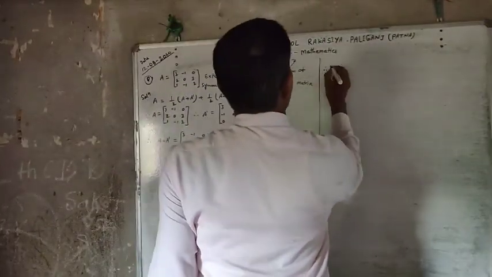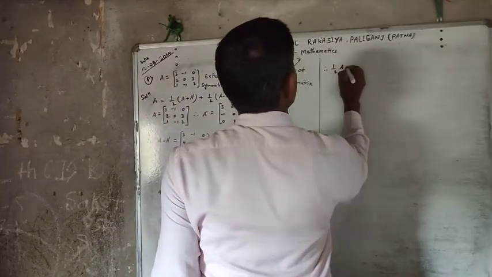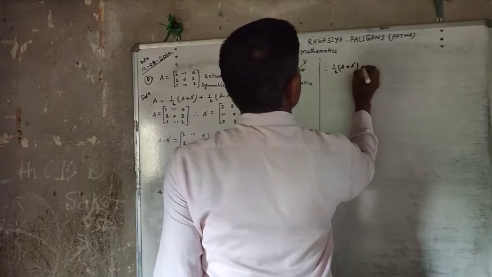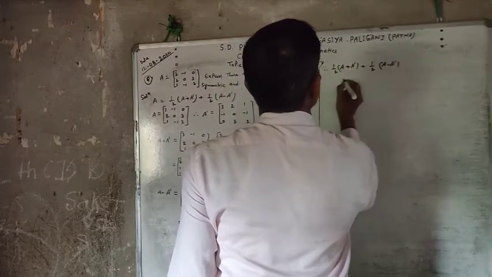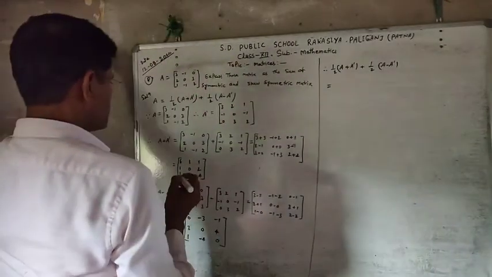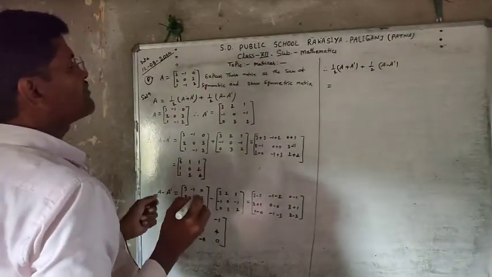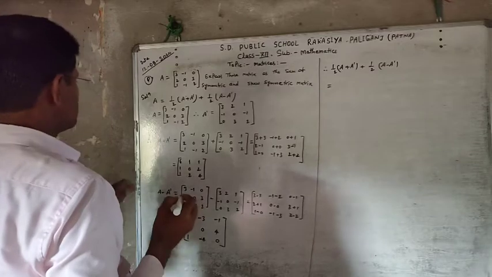Therefore 1/2 (A plus A transpose) plus 1/2 (A minus A transpose) will be equal to half of A plus A transpose.